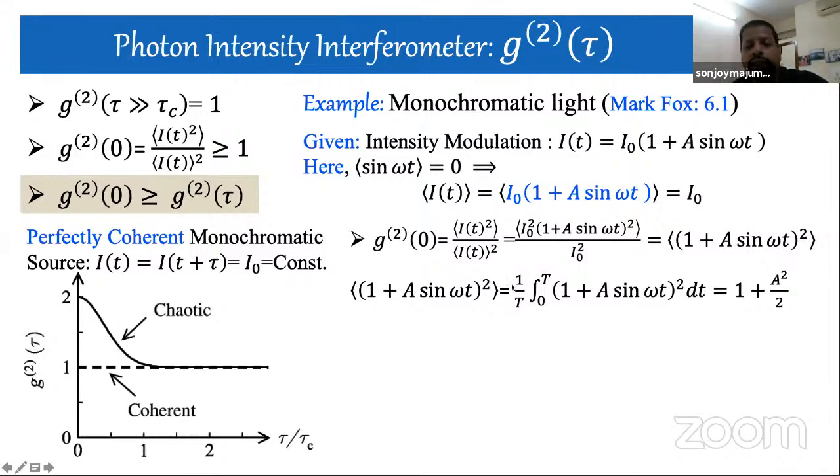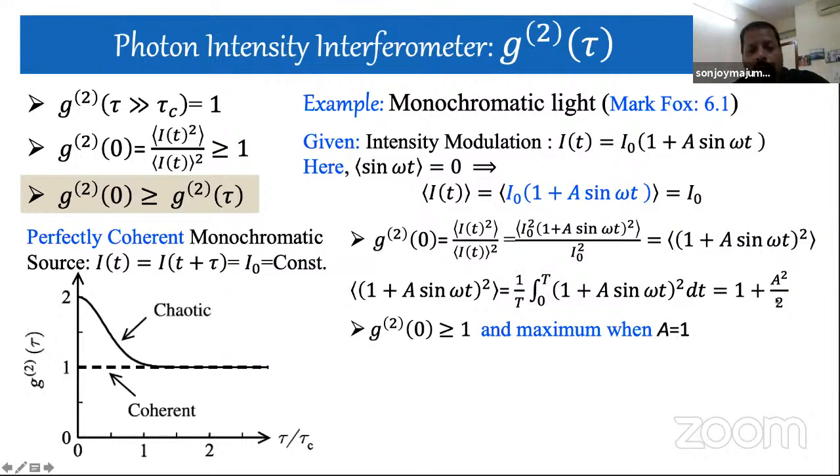So G2 at tau equal to 0 will be more than 1, as A can be positive or negative, or it can be 0 when A equal to 0. And since A talks about the amplitude variation, the maximum value of A is 1.